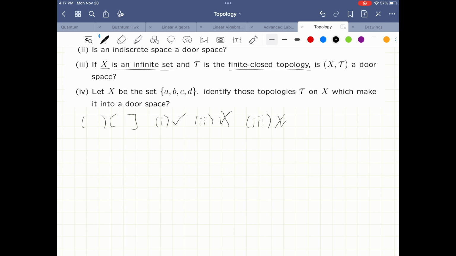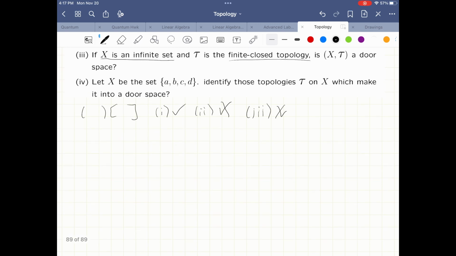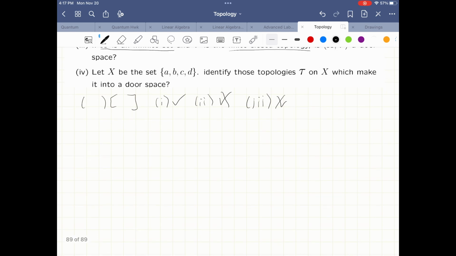Our fourth question is mostly about finding what the subsets would look like. We have the set X that has A, B, C, and D as elements. We have to find the topologies on this set that make it into a door space.